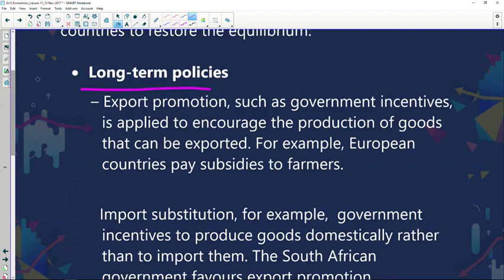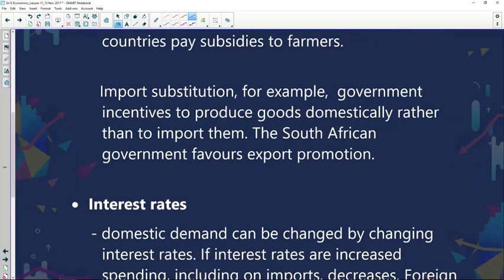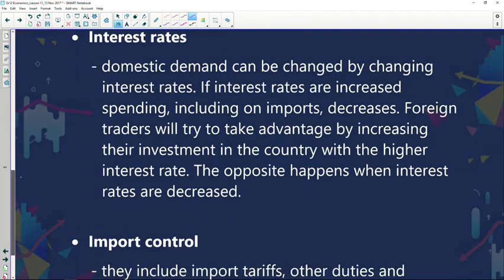So government could play a role in promoting goods and services by giving certain incentives to producers so that they can produce goods and services that could be exported. Then there is import substitution, for example, government incentives to produce goods domestically rather than to import them. The South African government favors export production because when we export, we get a cash injection into our economy, and that's always a good thing.